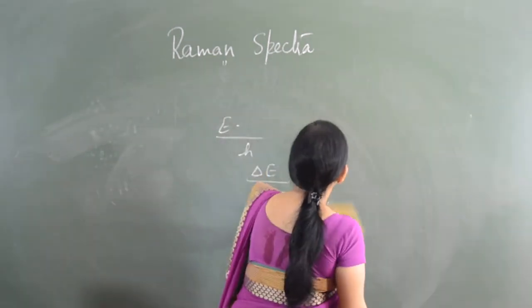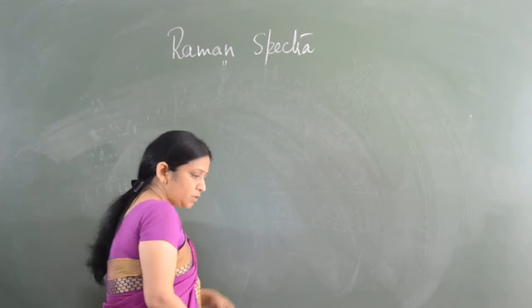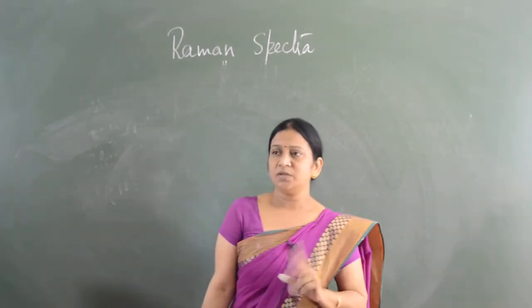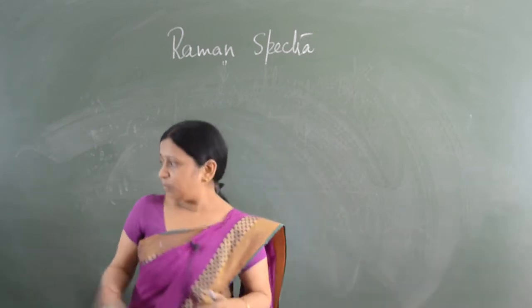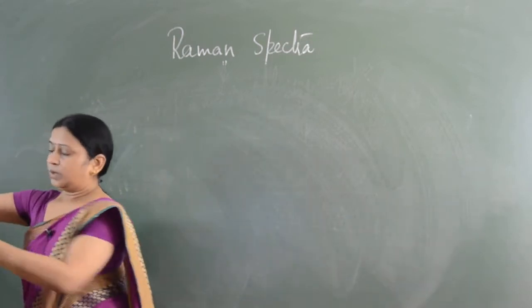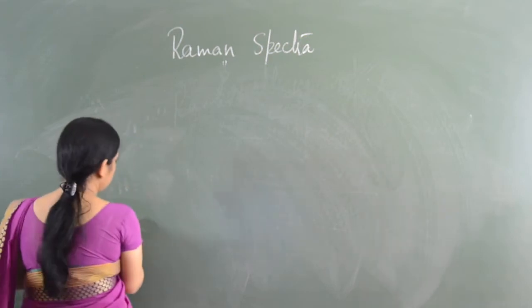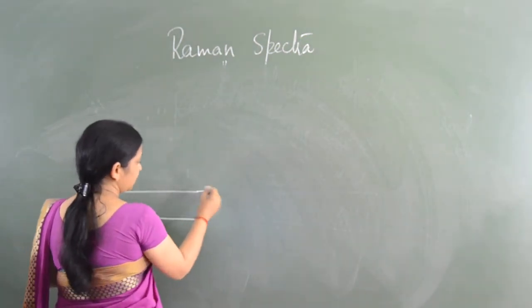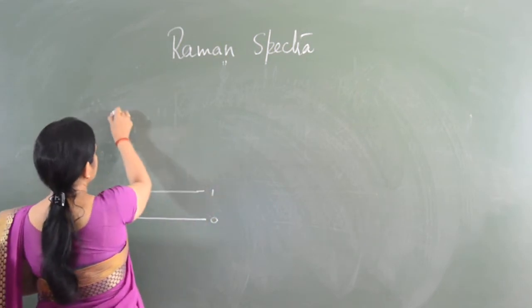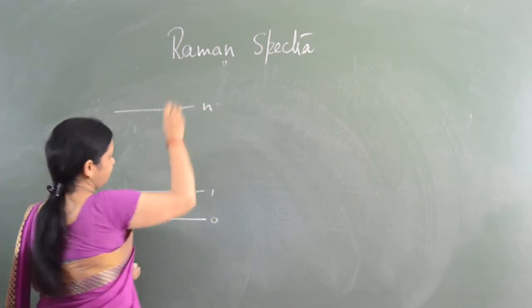Now, when a photon is falling on a molecule, we have two conditions, one elastic, the other inelastic. To explain it by a graph, suppose this is one energy level, this is another, so 0, 1, and this is some other higher energy level n.